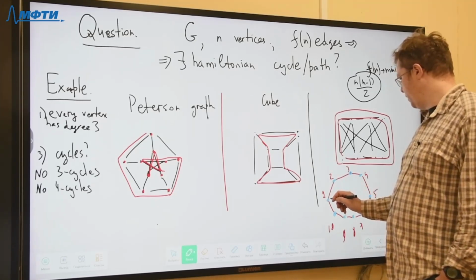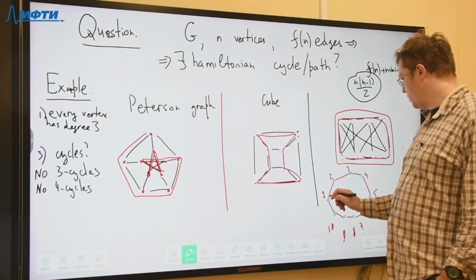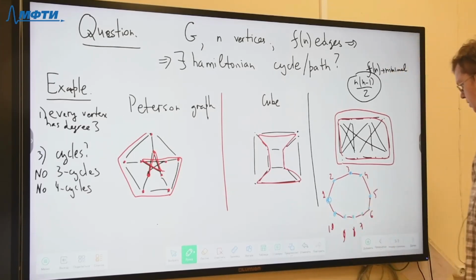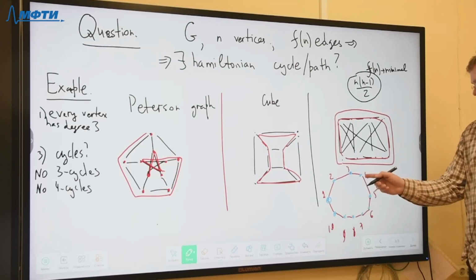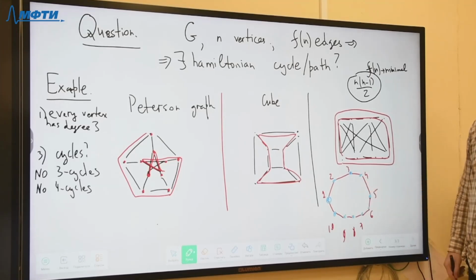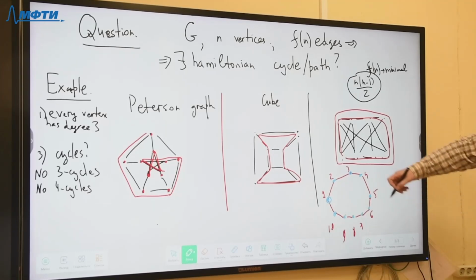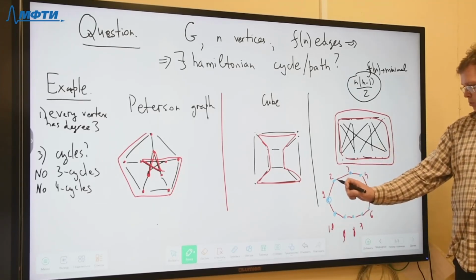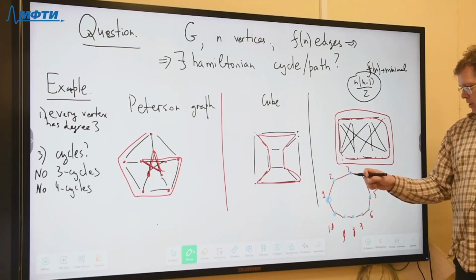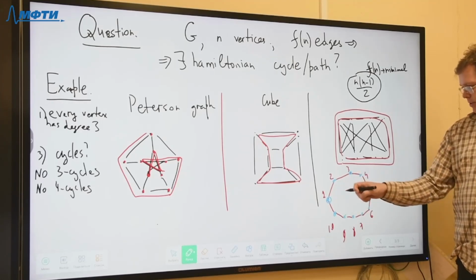So for example, if we draw an edge from node 1, with which vertex can we connect this vertex 1, if we have no 3-cycles and 4-cycles? Vertex 2 already uses this edge. 3 will make a triangle. 4 will make a 4-cycle.